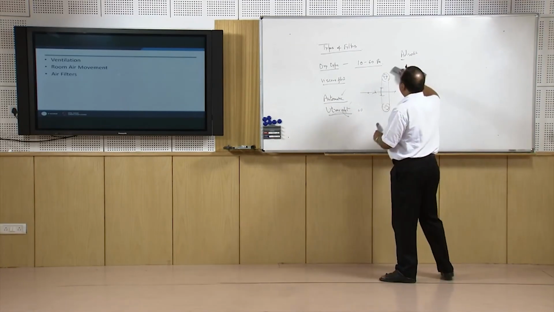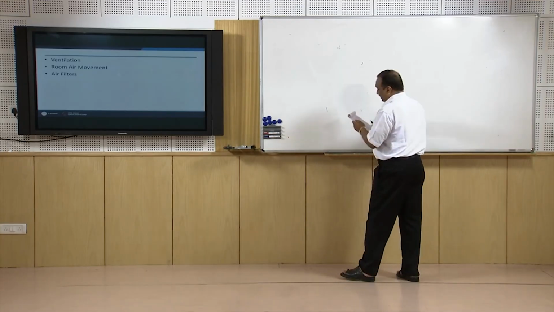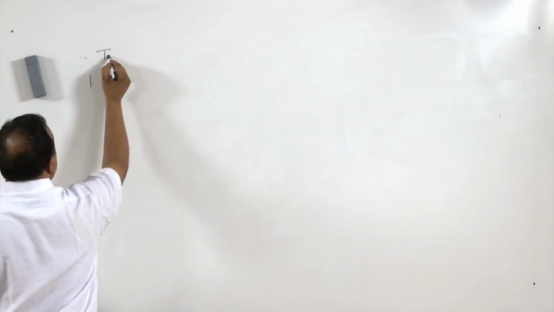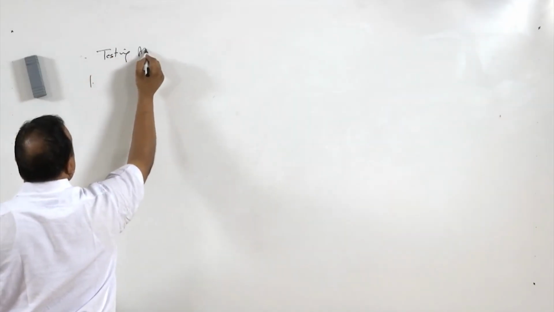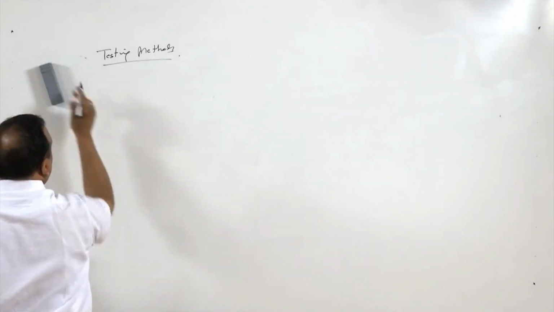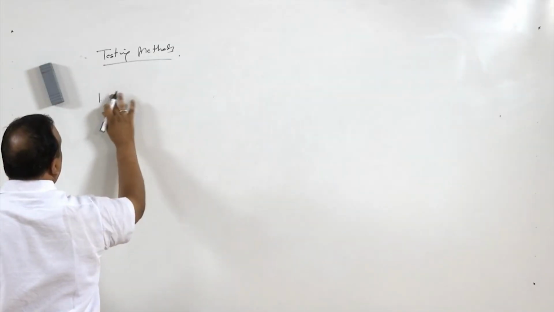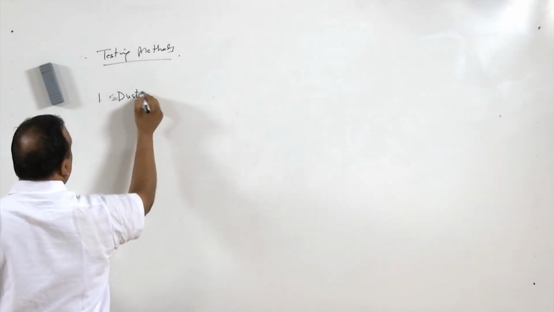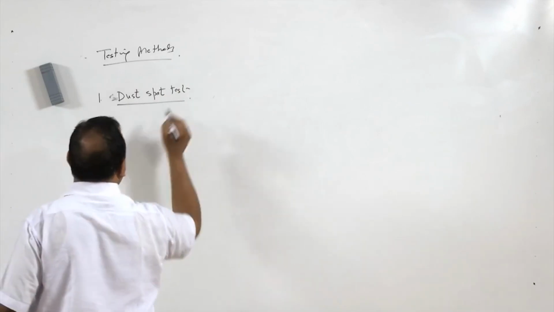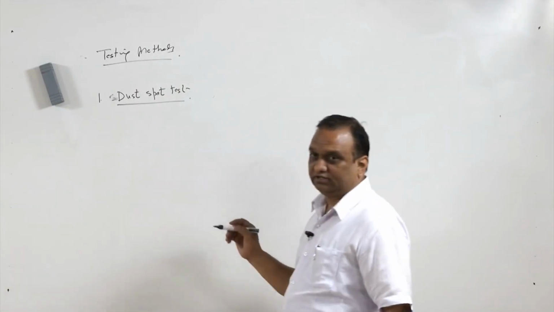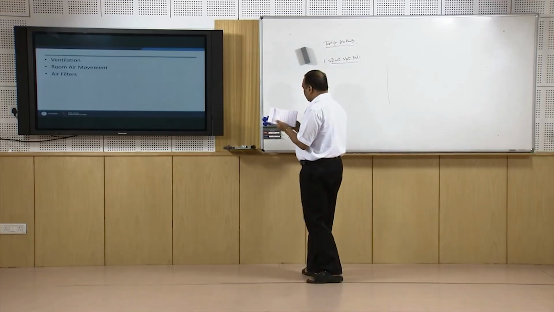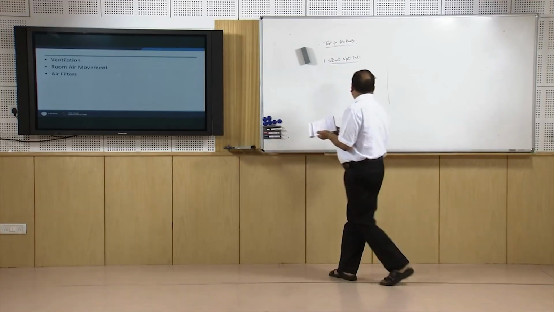Now testing methods. First is the dust spot test, which is the testing of filters. If there is a filter, air is blown over the filter on the upstream side and downstream side.